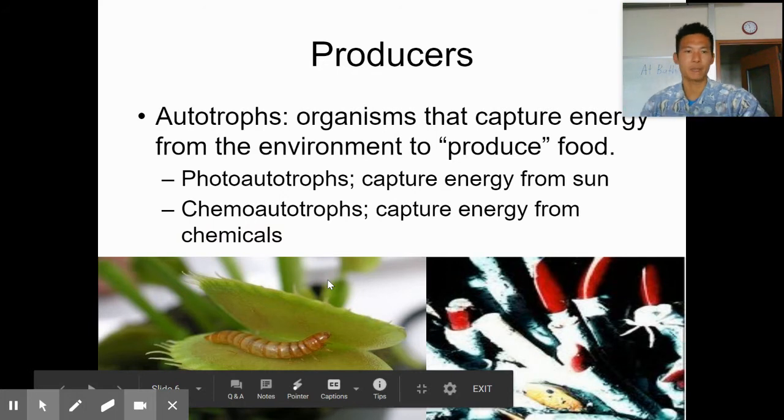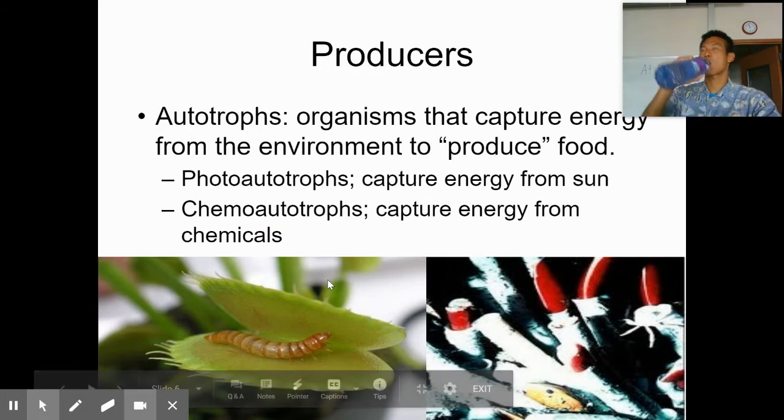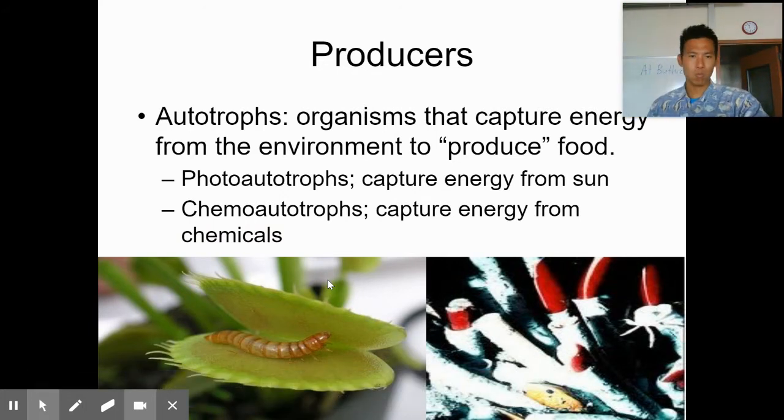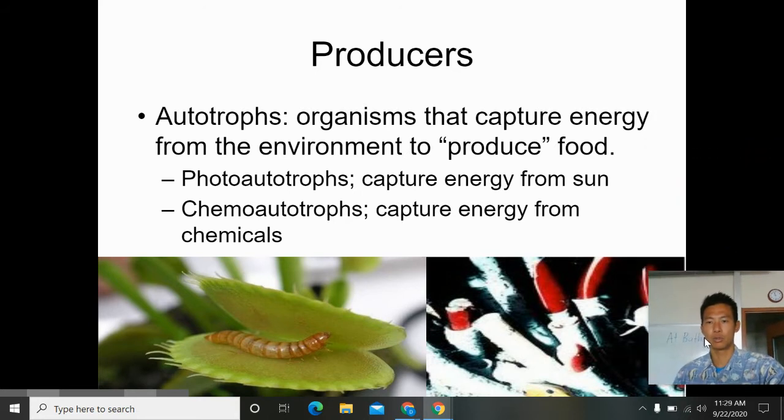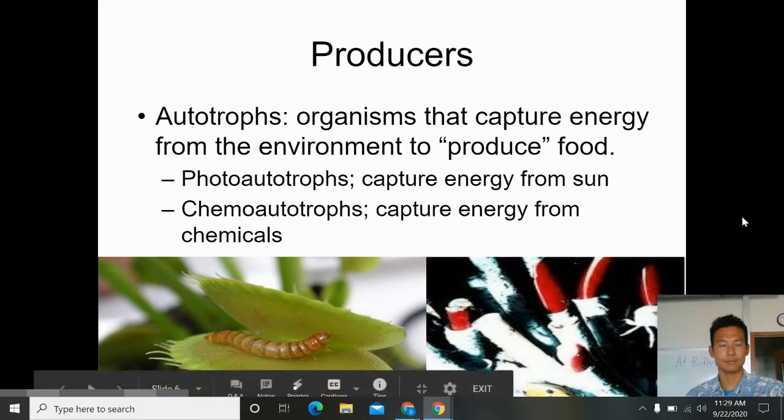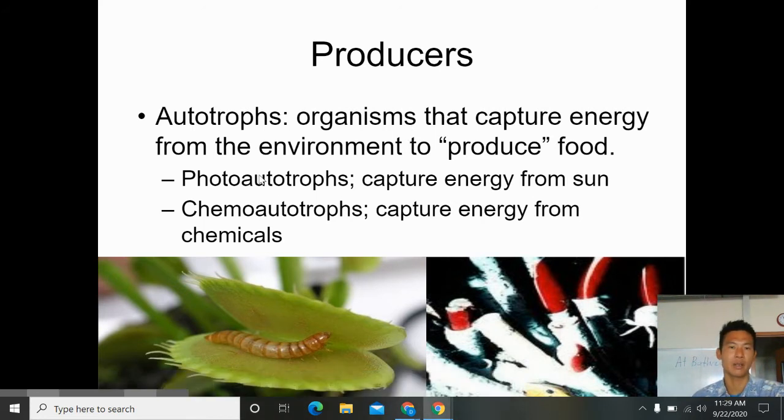Now you have producers. Because there are two sources of energy, there are two kinds of producers. Ones that make energy from the sun are called photoautotrophs. And ones that make energy from the Earth's chemicals are called chemoautotrophs.